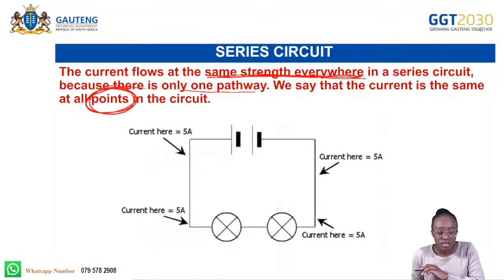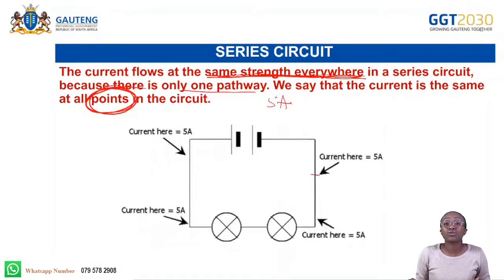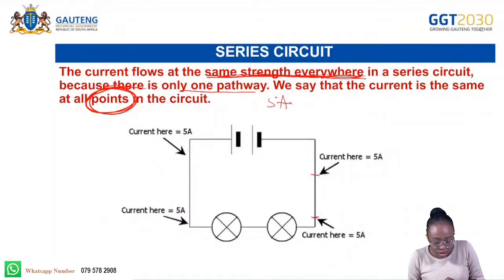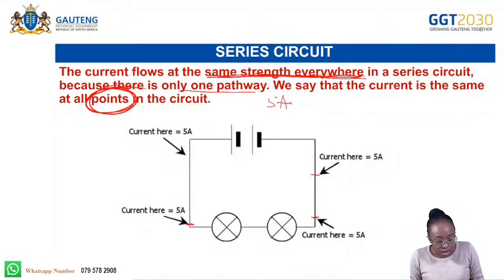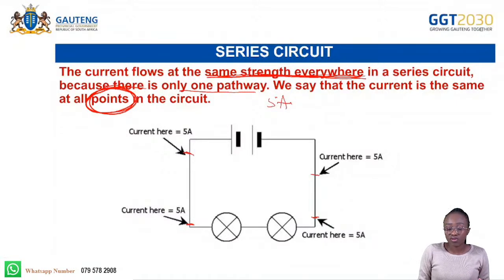in a circuit, which means if we measure a current of a total of 5 amps, current here is equal to 5 amps. The current over here is also equal to 5 amps. The current over here is also equal to 5 amps. And the current over here is also equal to 5 amps.